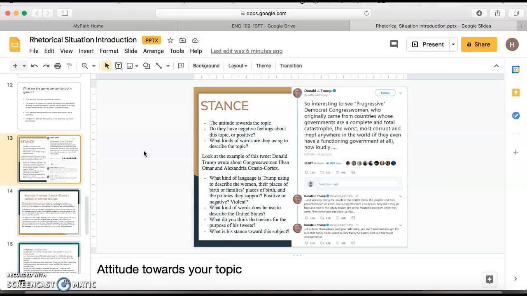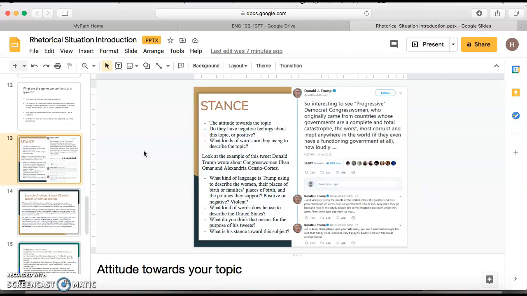He says, "So interesting to see progressive Democrat congresswomen who originally came from countries whose governments are a complete and total catastrophe, the worst, most corrupt and inept anywhere in the world." In that initial tweet, you can see words like catastrophe, worst, corrupt, inept. So obviously he doesn't have a very positive view of the topic.